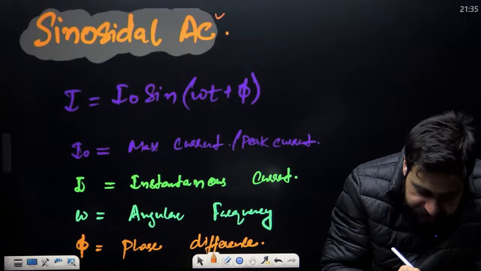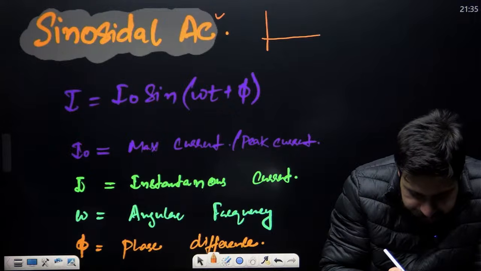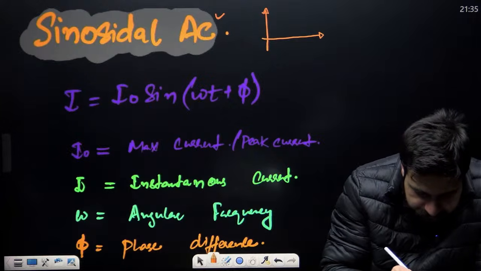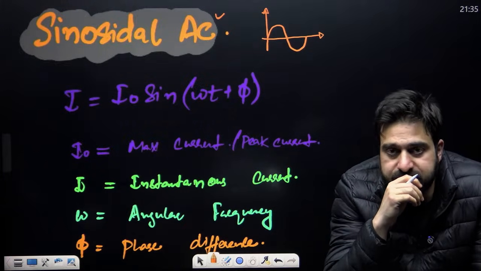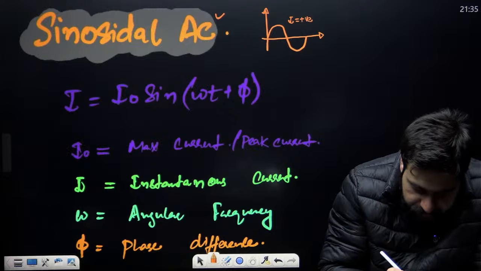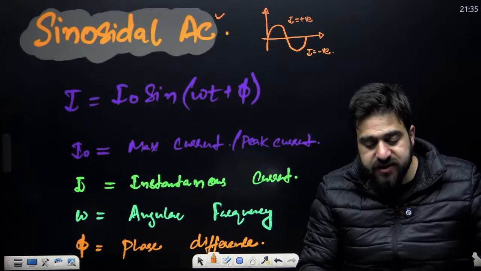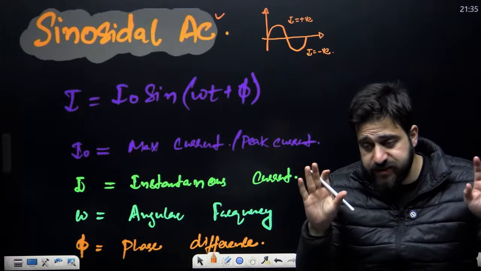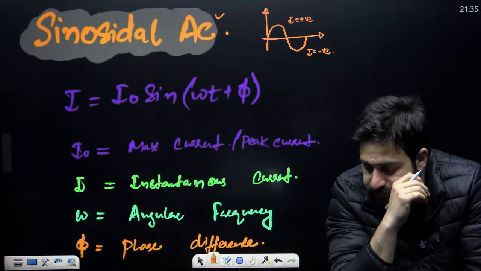Sinusoidal AC is this AC. This is the sinusoidal AC. In this particular case, current is positive from upper side and current is negative from lower side. So in our syllabus, we have to discuss this sinusoidal AC only, which is positive from the upper side and negative from the lower side.